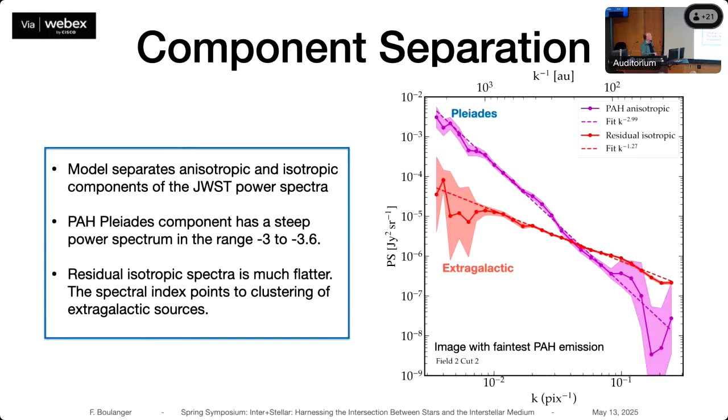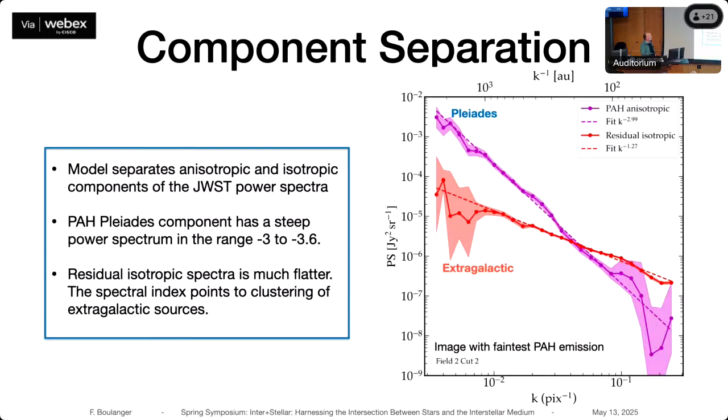There is an anisotropic component, which is the pH emission from the Pleiades, and we naturally discover another component which has a much flatter spectrum, which is isotropic. This component is very likely to be extragalactic, because the slope of this component is close to what you expect from galaxy clustering.